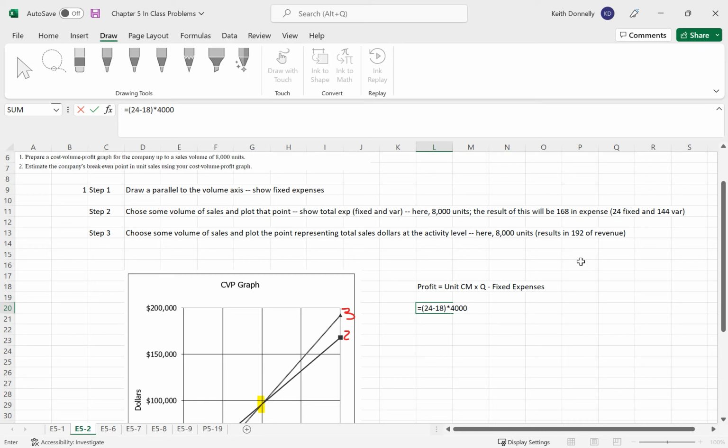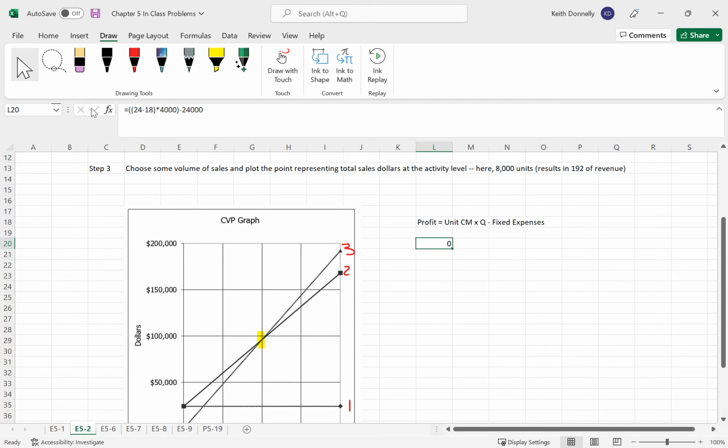Then from that, we're going to back out our fixed expenses of 24,000. The idea is when you do that, the profit equation here, you're going to hit 0. This is break even right here.